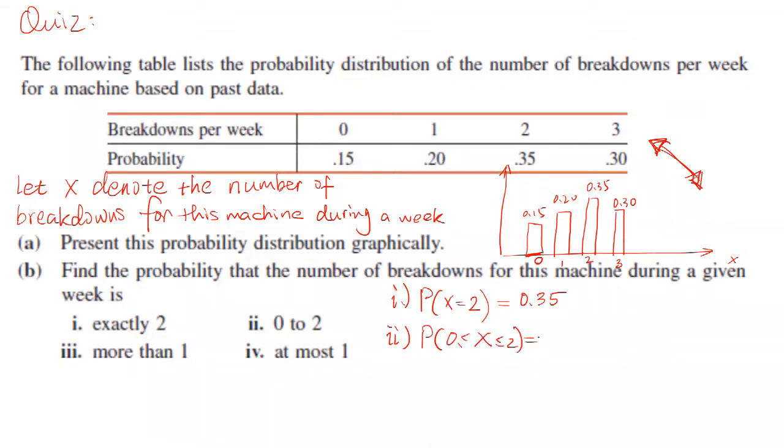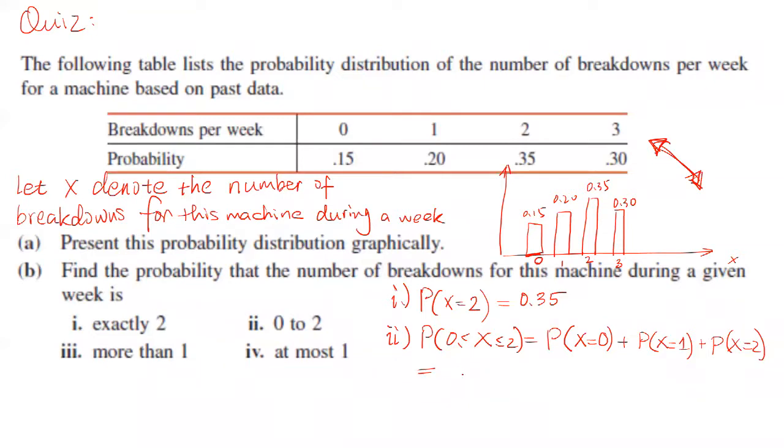Second one, the probability that X lies within 0 and 2. In this interval, there are 3 values, right? The probability that X is at least 0 and at most 2 is the probability of X being 0, plus the probability of X being 1, plus the probability of X being 2, because X can only be these 3 values within this interval.